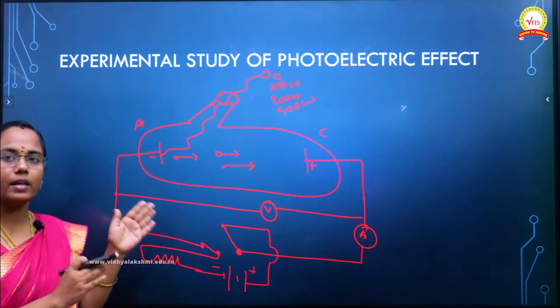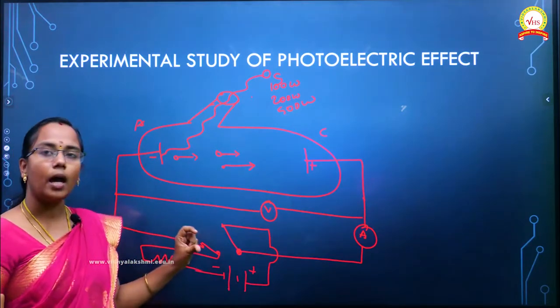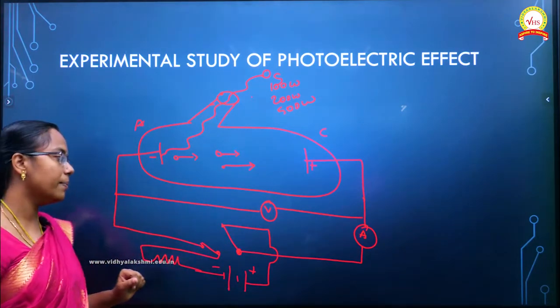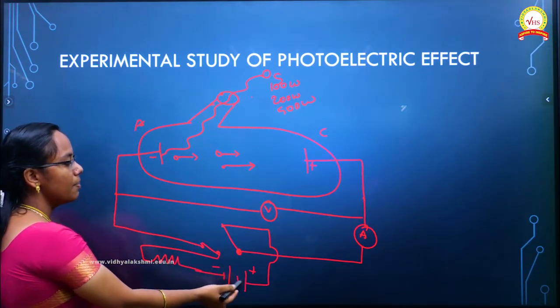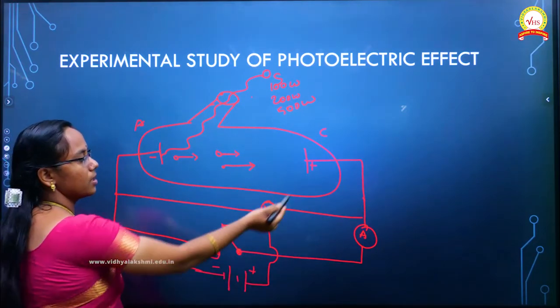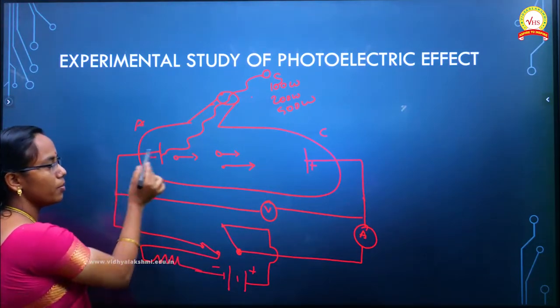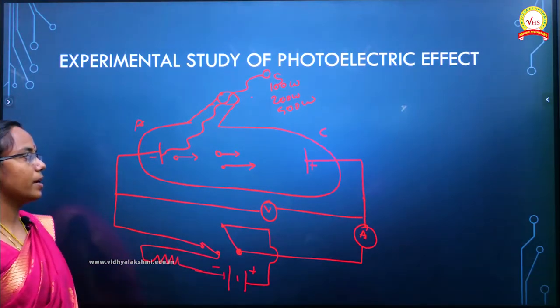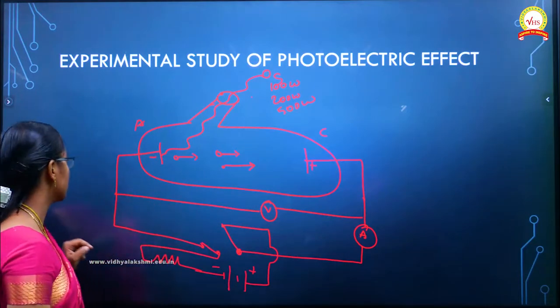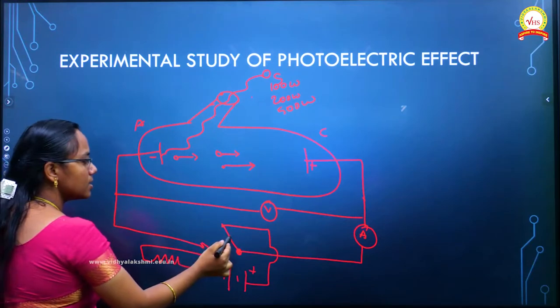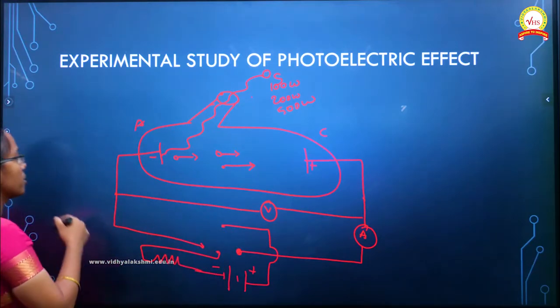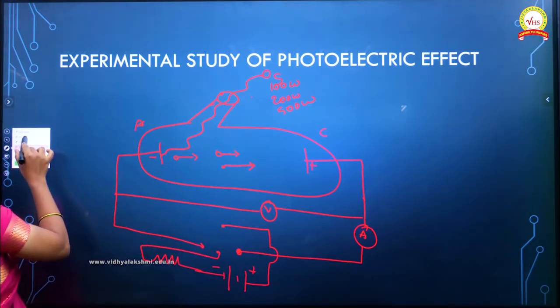So they varied intensity and frequency and also varied the potential. Now you can see the positive terminal of the battery is connected to the collector plate and the negative terminal of the battery is connected to the emitter plate. Actually you can change the polarities. How do you change the polarity? By reversing the commutator. That's the usage of the commutator here.